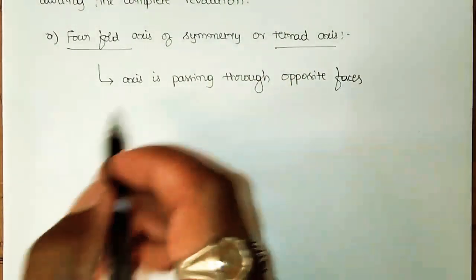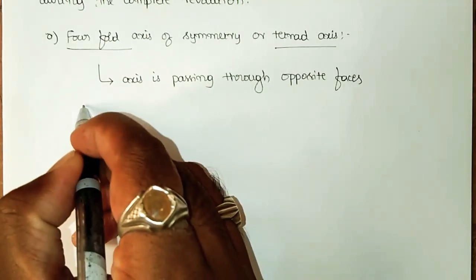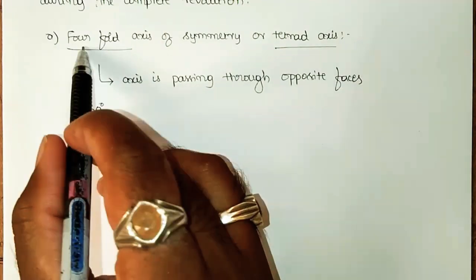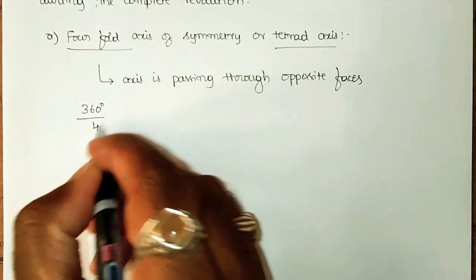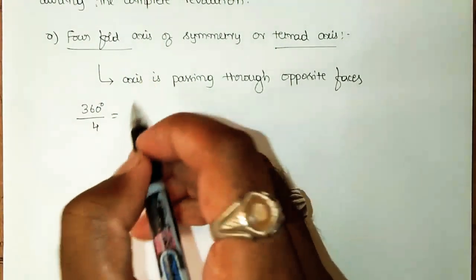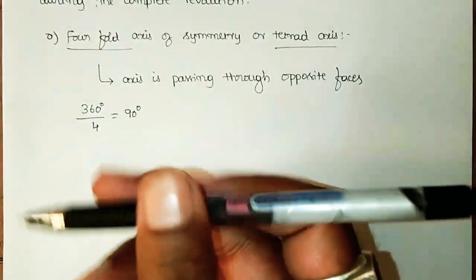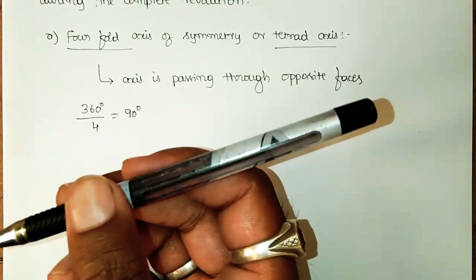Here the complete revolution is 360 degree. The number of rotations we are giving is 4. So 360 degree by 4 is 90 degree, right? That means each time we are giving a rotation of 90 degree.